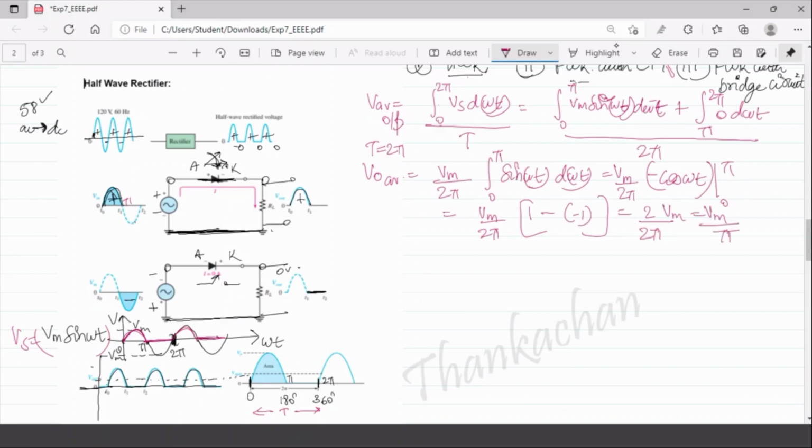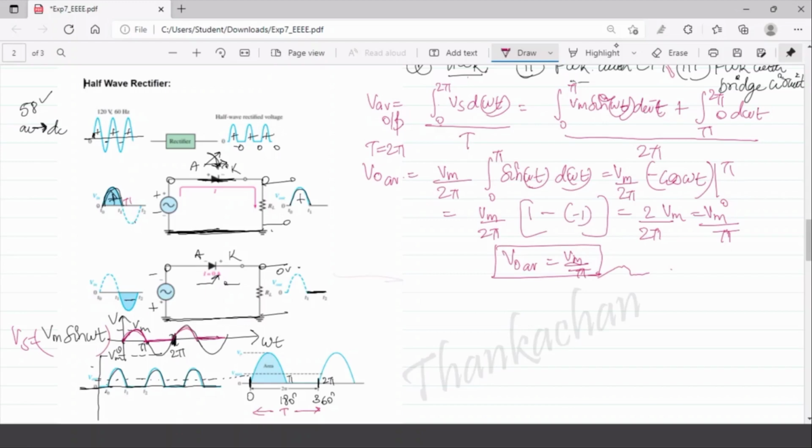So the average value of a half wave rectified sine wave is Vm divided by pi. This is the average value of output voltage for a half wave rectifier.